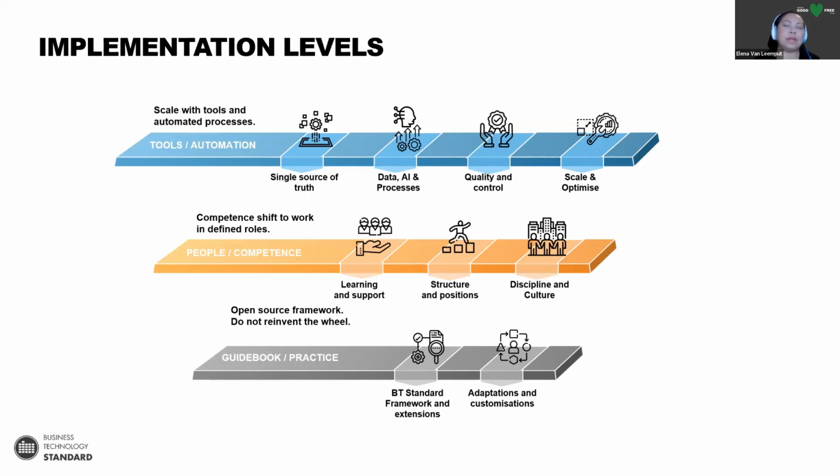This we call the implementation levels. What it essentially shows is what you need to have in order to be successful in your transformation. Starting from the top, tools and automation: scale with tools and automate with processes.